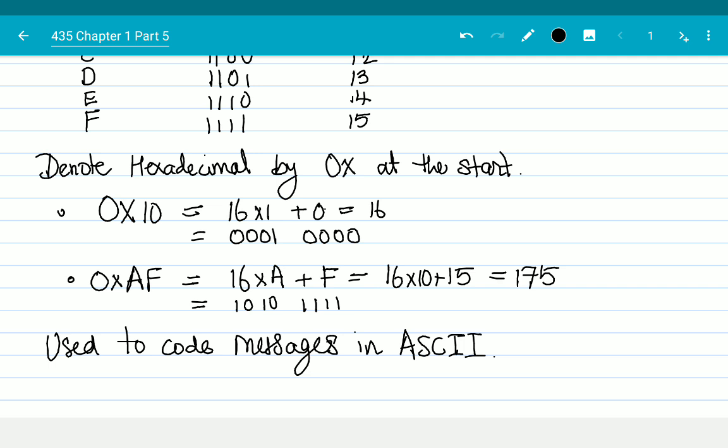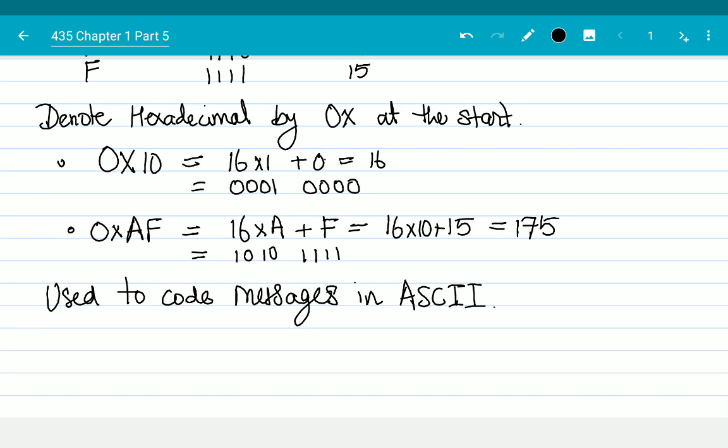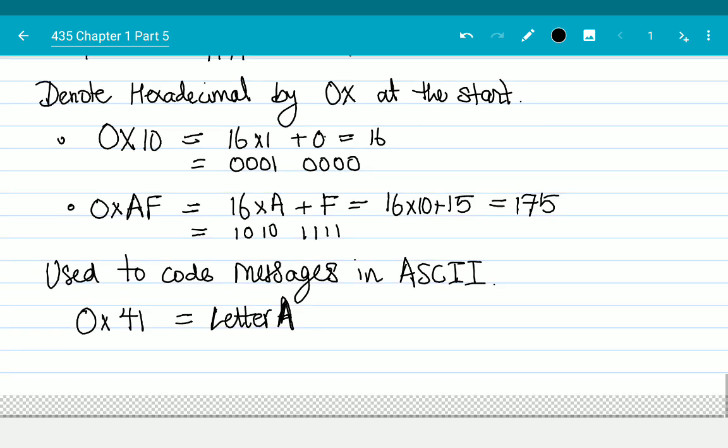Okay, so in ASCII, we have some message, and I'm not going to give you the entire chart of what the letters are coded as in ASCII, but 0x41 is equal to letter capital A, okay?